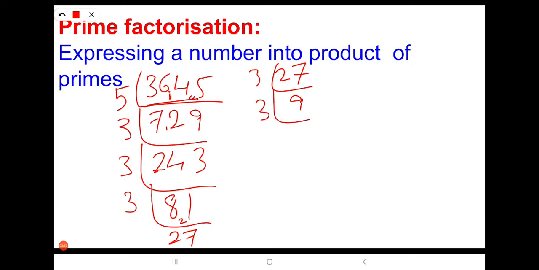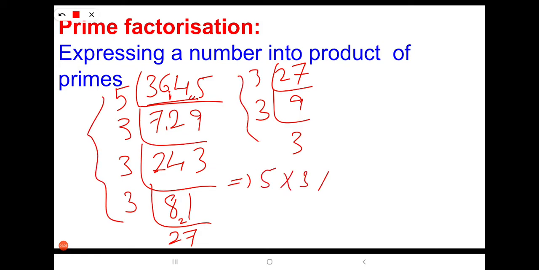And next, 3 threes. So multiply all these numbers: 5 into 3 into 3, 3 again, and 3 into 3 into 3. How many threes? 1, 2, 3, 4, 5, 6. Yeah, 4 threes and 5.